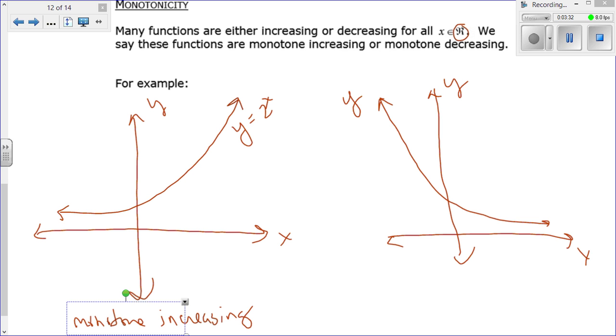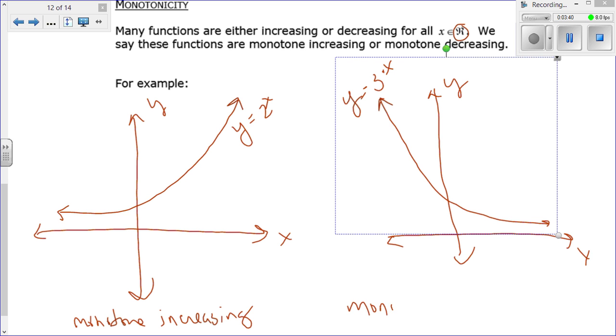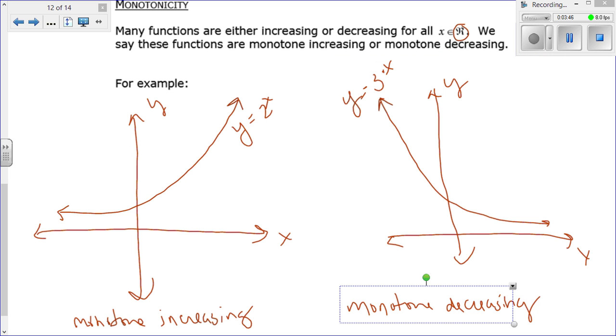So this could be y equals 3 to the negative x. And this would be something that would be considered monotone decreasing because the function is always decreasing from left to right. Pretty simple.